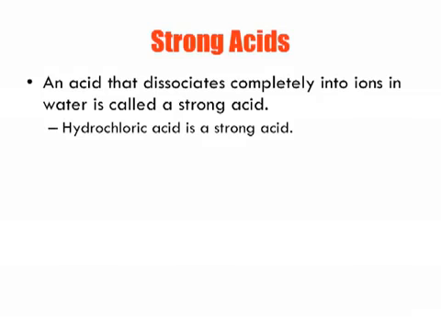Strong acids: an acid that dissociates completely into ions in water is called a strong acid. The idea of dissociation is where the compound, the acid itself, breaks apart into its respective anions and cations. So the idea of HCl breaking apart into H pluses and Cl negatives.